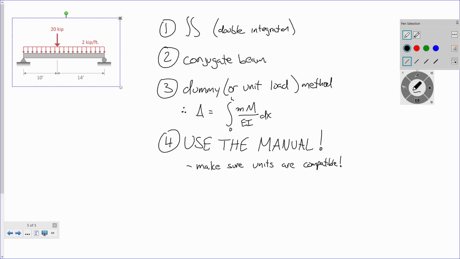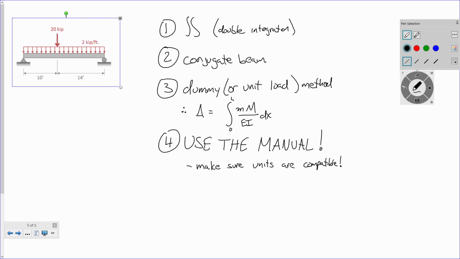Does everybody see this? On the top of it, it says simply supported beam slopes and deflections. Okay? So, for this problem, I've got two different loads. I have a distributed load and I have a point load. So, how do you handle this? You use superposition. The deflection due to the loads on that screen equals the deflection due to the distributed load plus the deflection due to the point load.